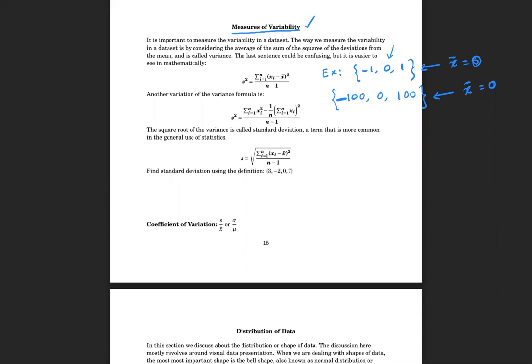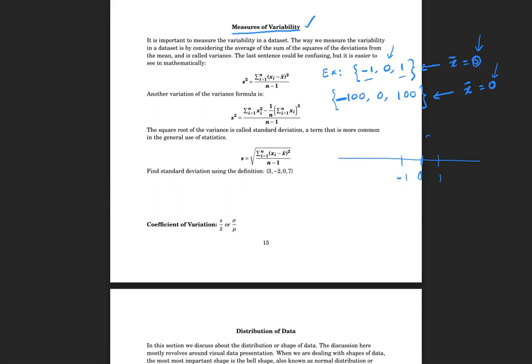Okay. See, the mean is 0 for the first data set, and the mean is also 0 for the second data set. Look, -1 and +1, if you look at the number line: so that's your 0, +1 is here, -1 is here.